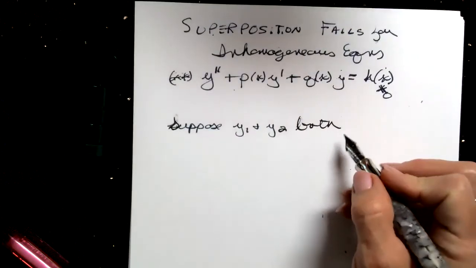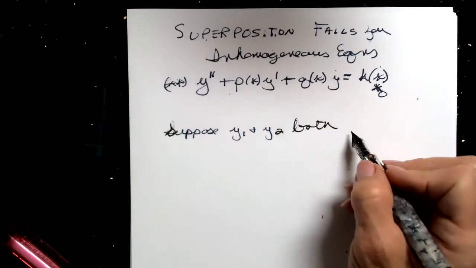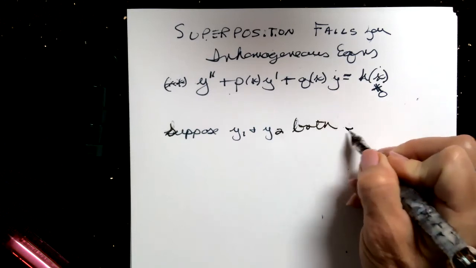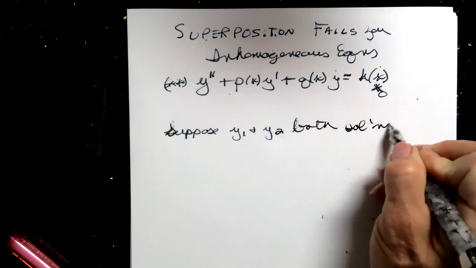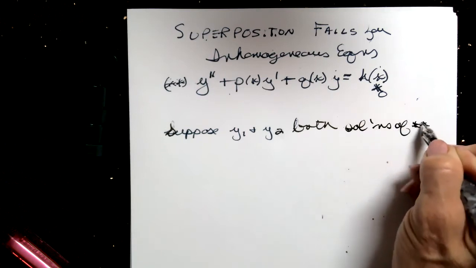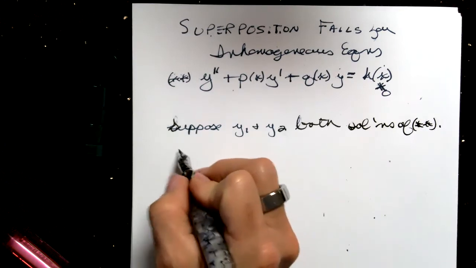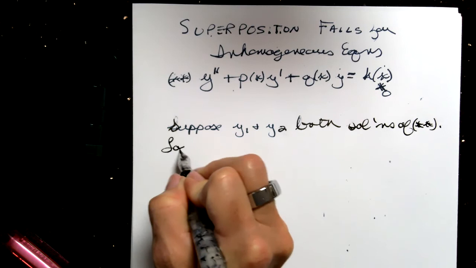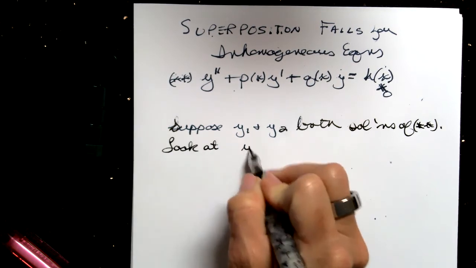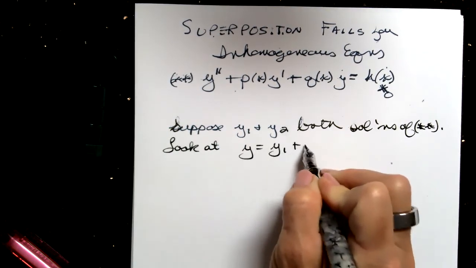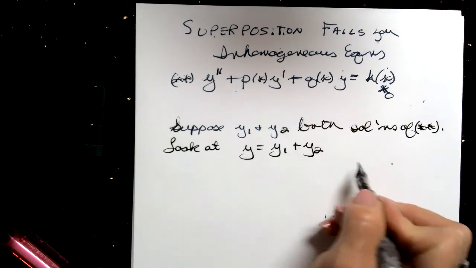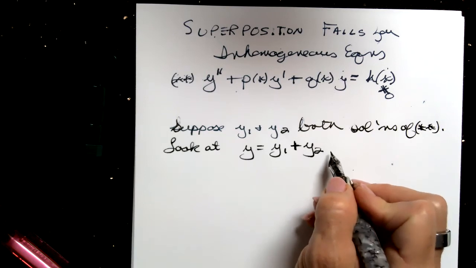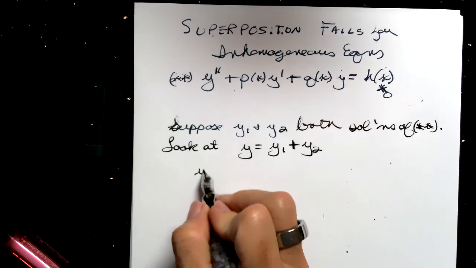So suppose y1 and y2 are both solutions of double star. Then what happens to, let's look at y, the sum of y1 and y2. So I could say a constant times it, but I'll make my point with C1 and C2 being 1. Okay. Now, what happens when I take y prime?